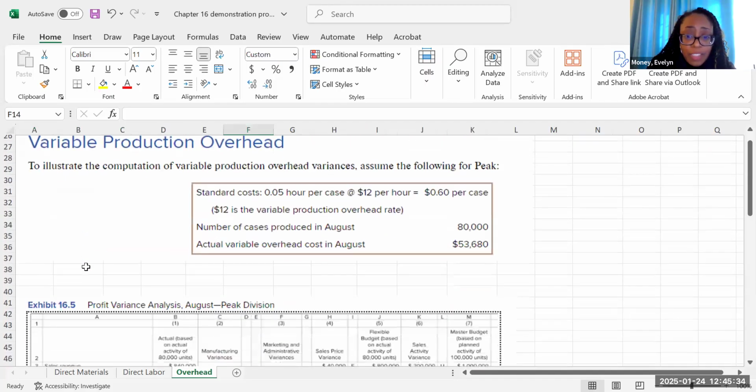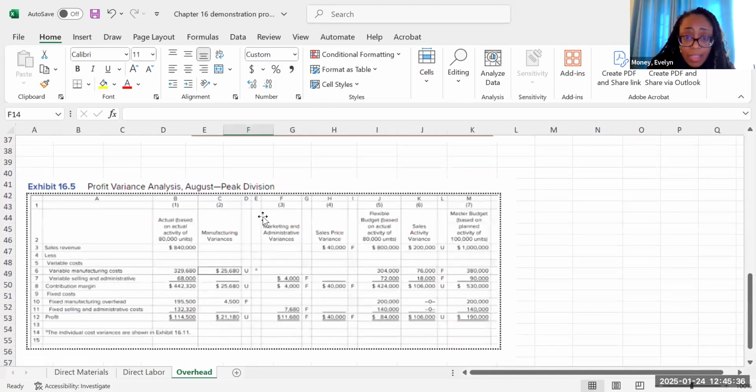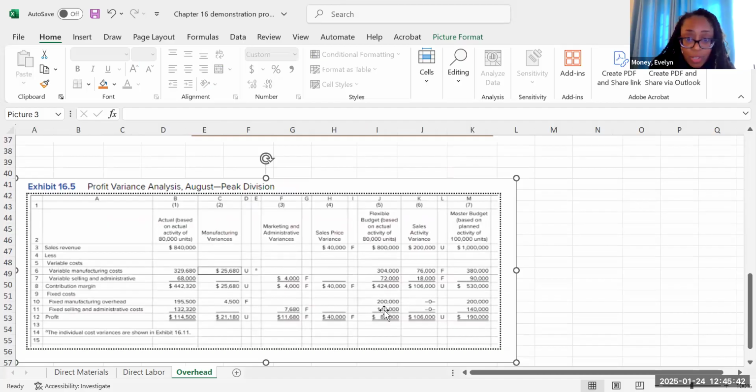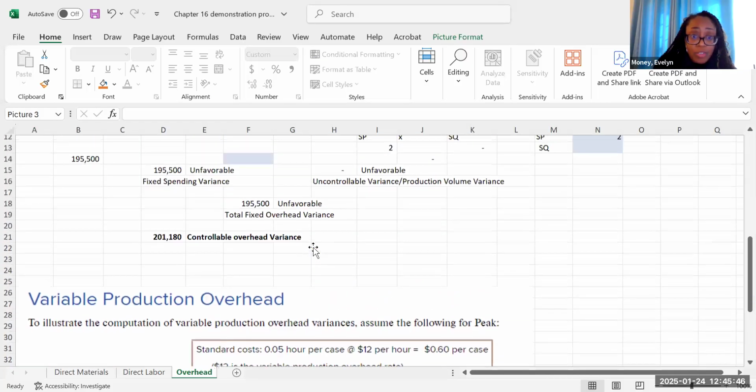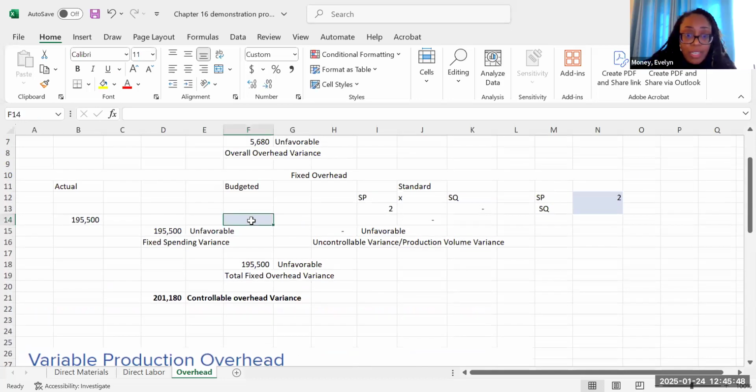And then for the budgeted amount, I look at the flexible budget and I see based on the same activity level that we had, we were looking at 200,000. So that amount goes into the budgeted category.